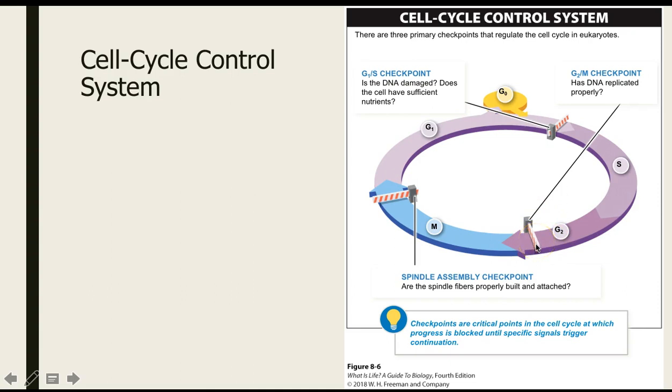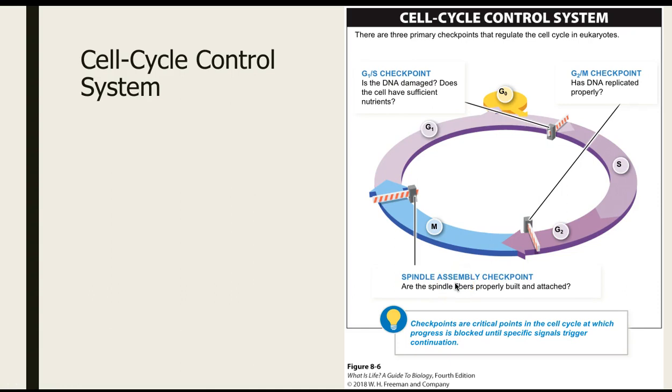So the next checkpoint is going to be during the process of mitosis itself. Specifically here, and this is not a term that I've used yet with you, what we're looking for is something called the spindle assembly. I will be using that term when we get through and start talking about mitosis.